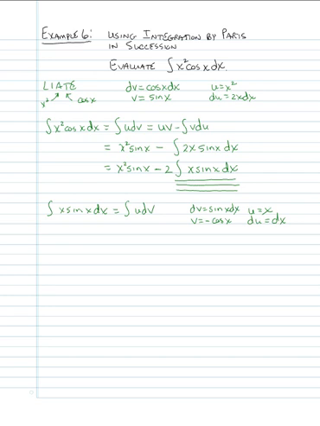And so now I can use my integration by parts formula on this integral, and we can fill in. The u is x, the v is negative cosine x, so let me write that negative x times cosine x, minus the integral of v, which is negative cosine x, du, which is dx.